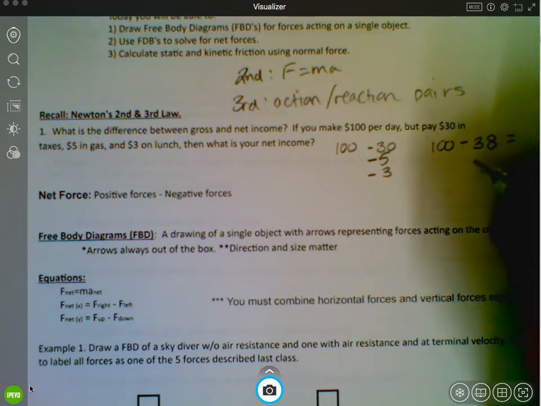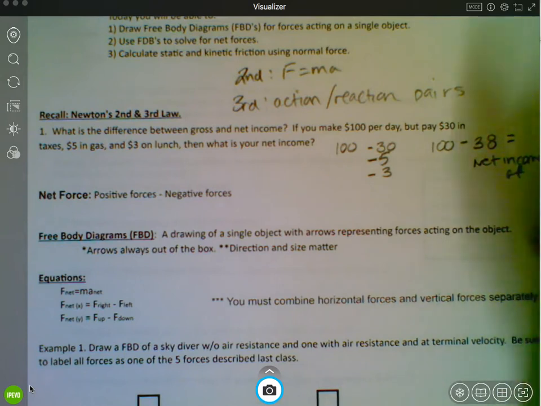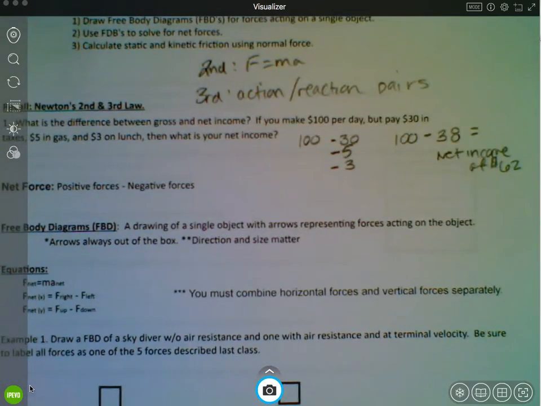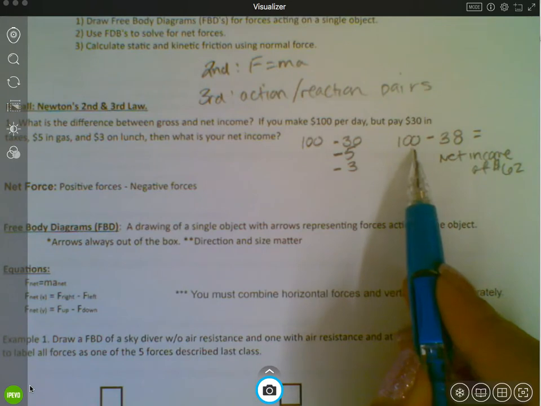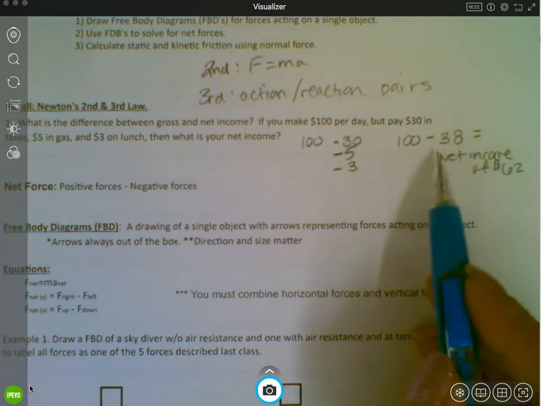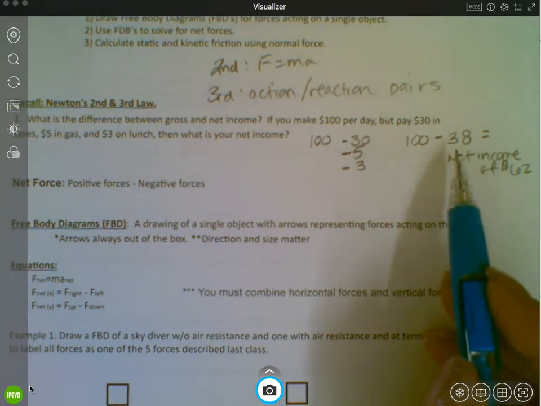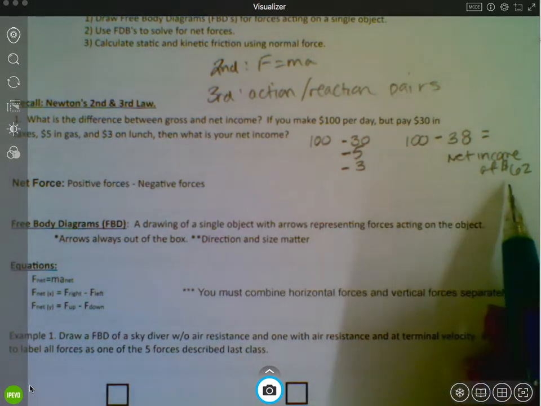And so we should get a net income of, what is that, $62. So you took the amount that you were paid, the positive amount, and you took away all the negative parts, the negative payments, the things you had to push out. And that would give you your net income.